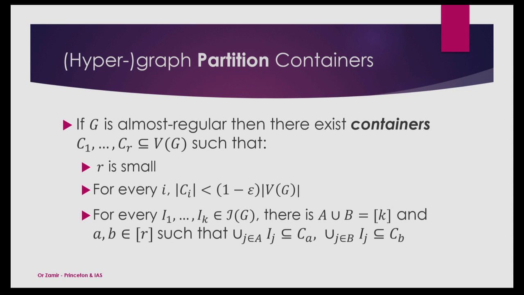We'll have two fixed containers, such that every independent set among these k will be either fully contained in the first container or fully contained in the second container. I can partition those k independent sets into two parts such that each of them is fully contained in one container. And I'm not telling you why, but this is enough to improve all of the other algorithms as well.